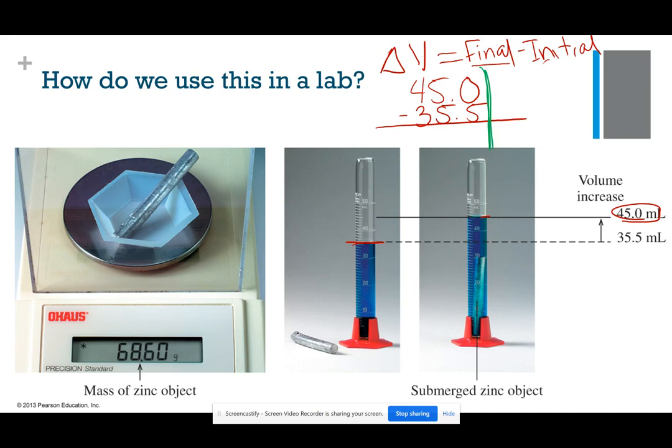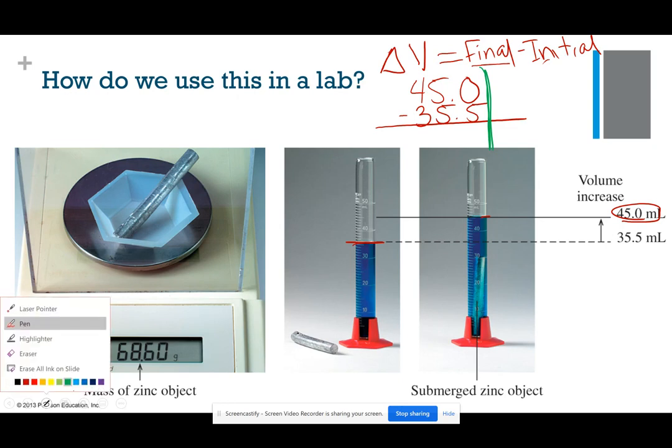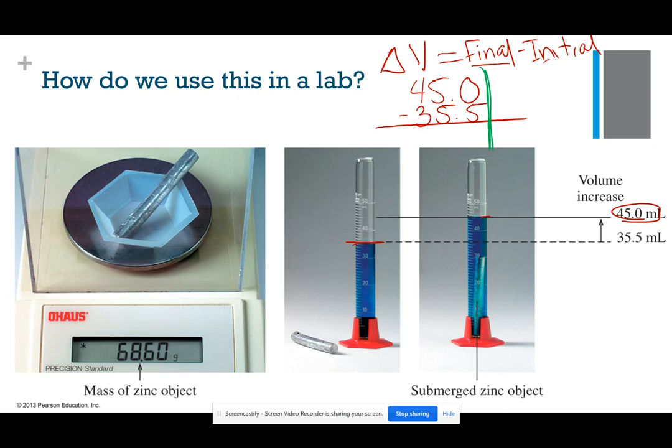I'll keep everything to the left. So I plug those into my calculator. 45.0 minus 35.5. And my calculator spits out 9.5. So that is the volume of this piece of metal. Let me go ahead and put milliliters here.